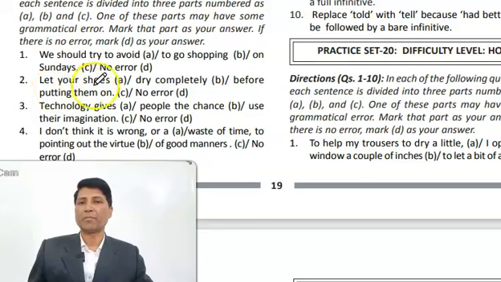Full stop, no error. What is the problem? Problem is this word, to go. Because avoid is followed by a gerund. That means avoid cannot be followed by a full infinitive. It is followed by a gerund. So in place of to go, it should be going. Look at question number 2.